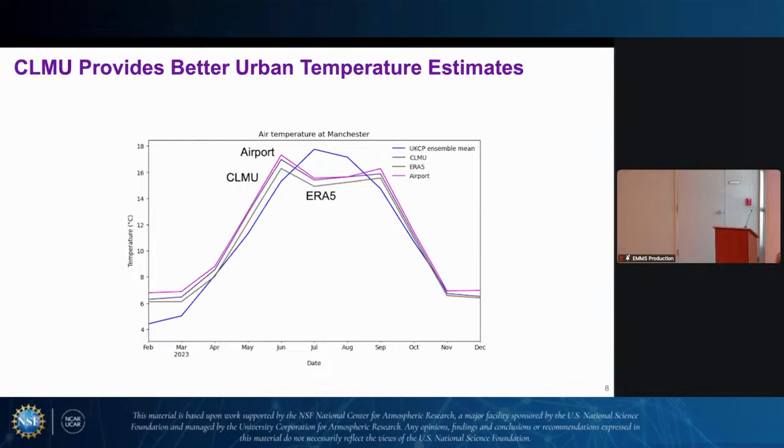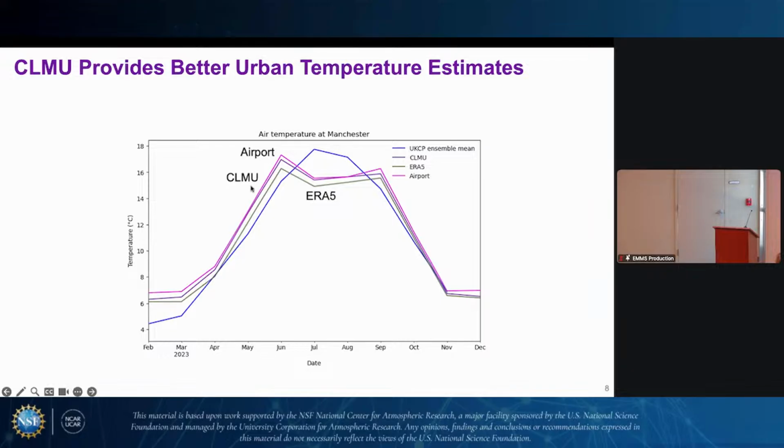And one of the useful things about CRMU is that CRMU sometimes can provide better urban temperature estimations. And here I compare different sources of the air temperatures. For example, the green line is the ERA5 air temperature, and this line is the CRMU, and then the pink one is the air temperature from Manchester Airport observational data, and the blue one is the UKCP ensemble predictions.